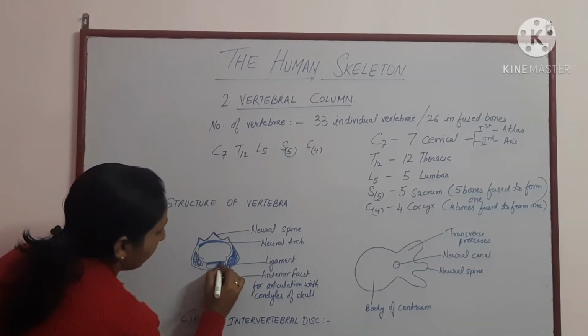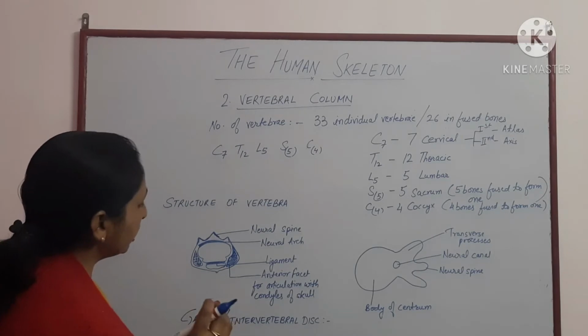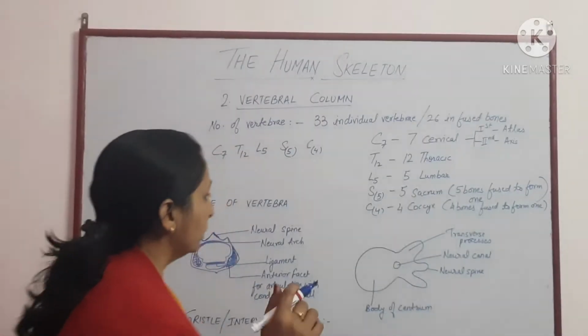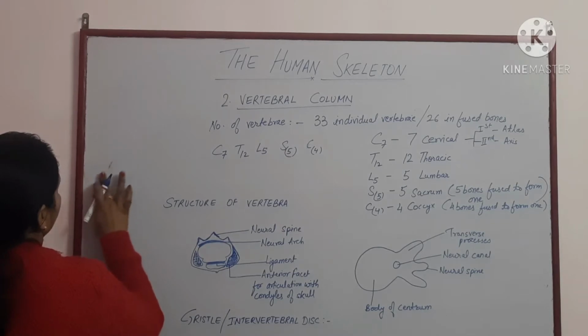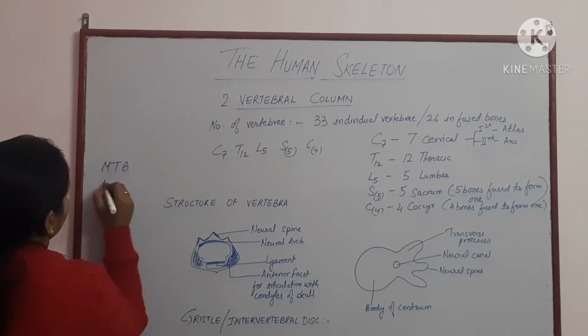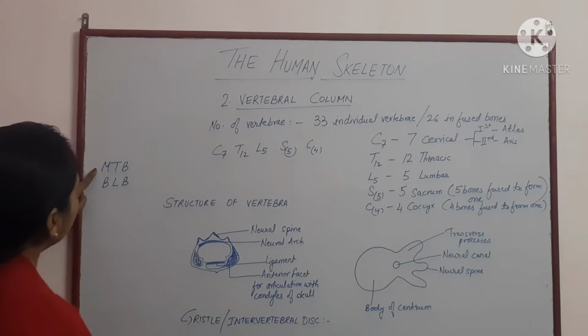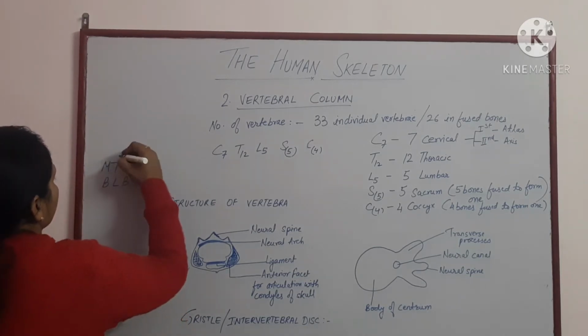Then this region is the ligament. If you remember, in the joint section we have written MTB, BTB. Now what is this? MTB is muscle to bone.